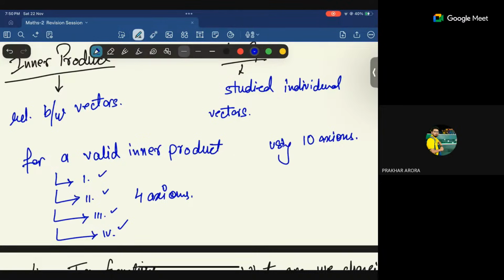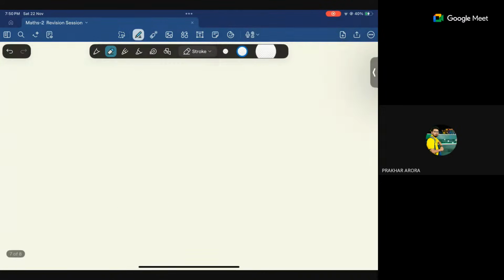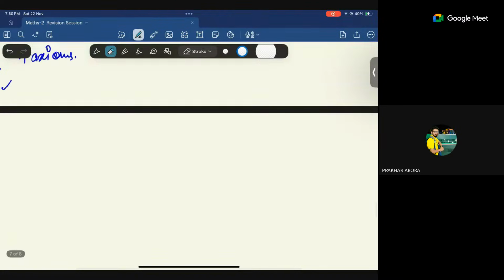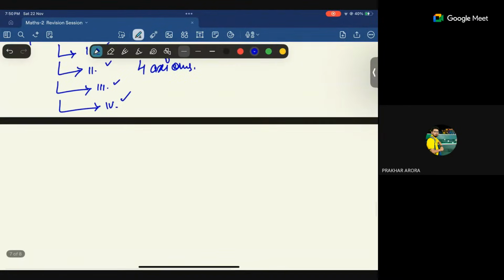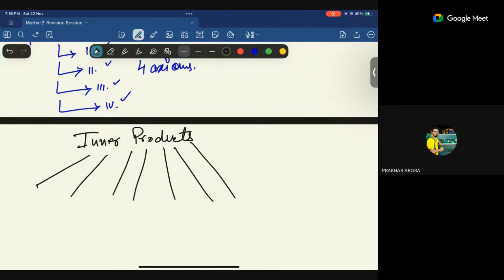What are those rules? Please check this yourself. Now I want to talk about the dot product a little bit. Dot product is an inner product. There are many inner products. One of those inner products is called the dot product.